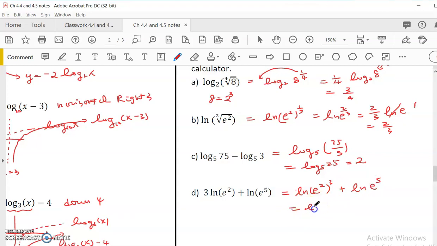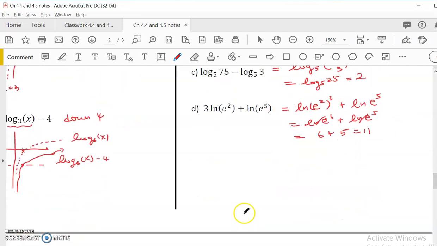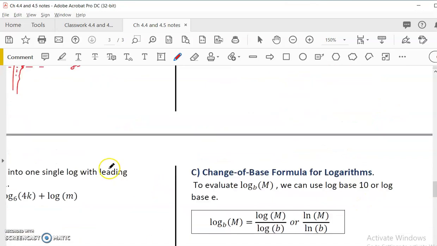So this would be ln e to the 6 plus ln e to the 5. You can combine them or do them individually. So ln and e cancel, equal to 6. ln and e cancel, equal to 5. That's 11. Or you can combine them and then just add the exponents. Either way is fine.